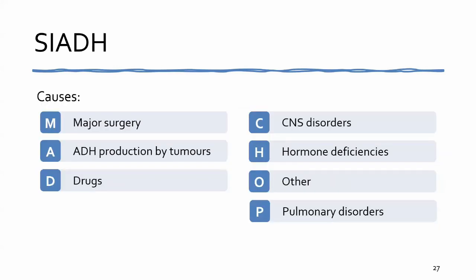For the causes of SIADH, there is this acronym, MAD-CHOP, which gives the broad categories. It can result from major surgery like abdominal, thoracic or pituitary surgery; ADH production by tumors, very commonly small cell lung carcinoma, or also blood cancers like leukemia and lymphoma; certain drugs, specifically antidepressants, anti-epileptics, and psychotropics; then CNS disorders like TBI, space-occupying lesions, encephalitis, abscesses, and so on; hormone deficiencies like hypothyroidism and adrenal insufficiency.